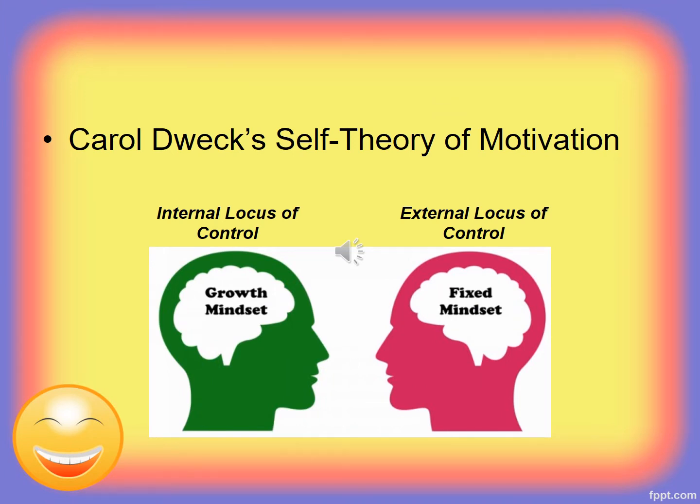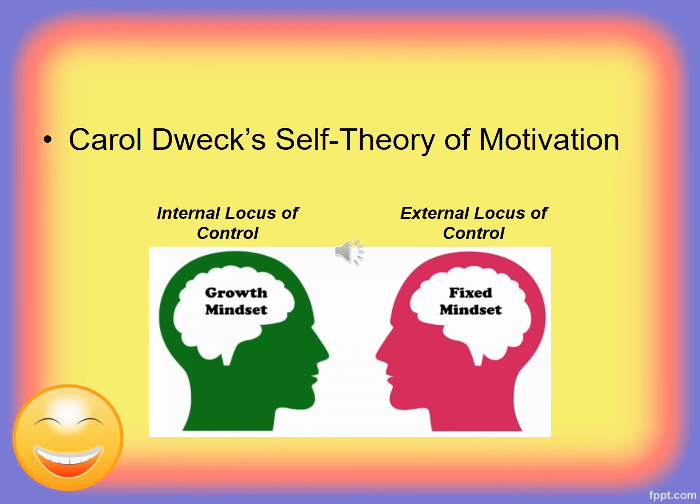Carol Dweck's self-theory of motivation links the need for achievement with human personality. Personality refers to how people view themselves, and it influences the perception of success or failure. This theory proposes that we have two kinds of mindset.